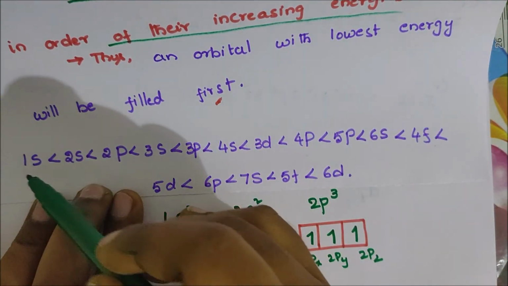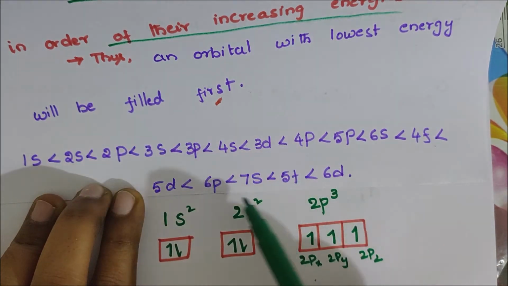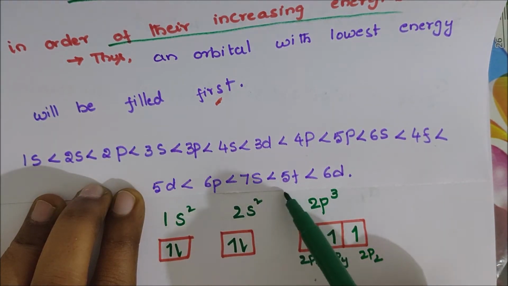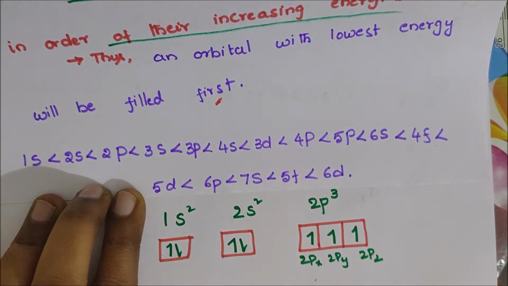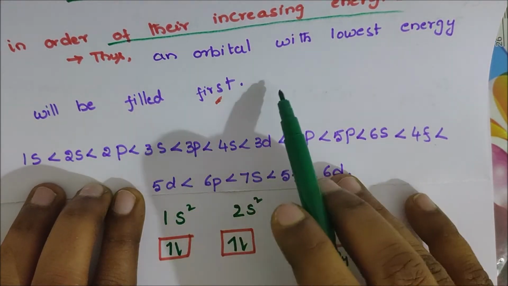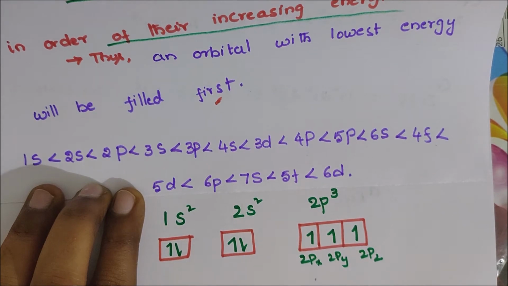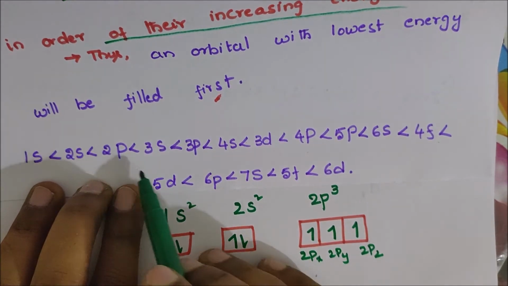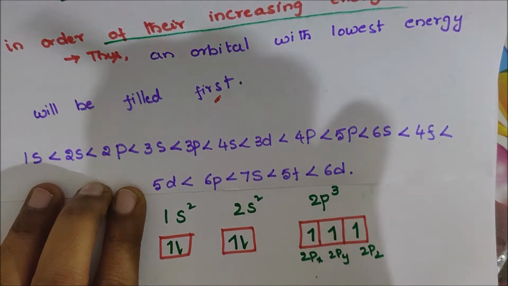These have the lowest energy levels, and 6d, 7s, 5f are the highest energy levels. According to the Aufbau principle, an orbital with the lowest energy is filled first.